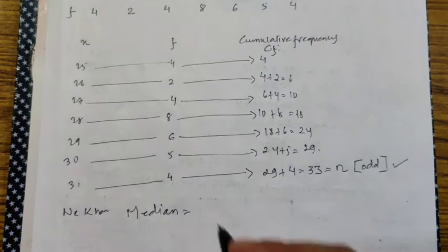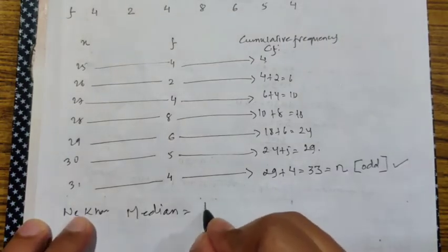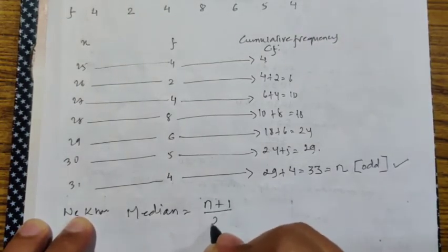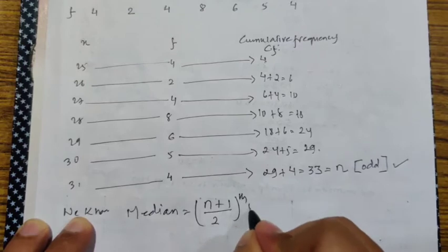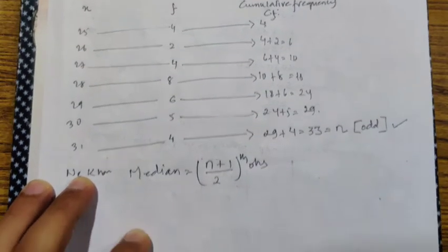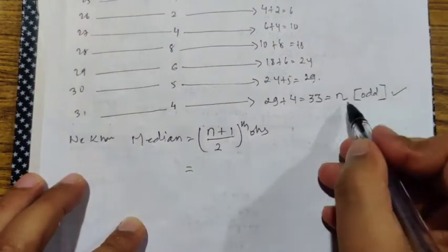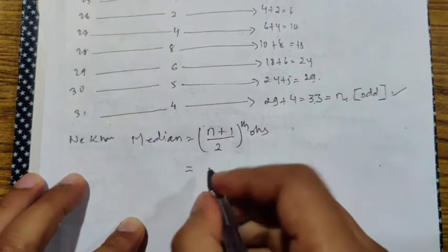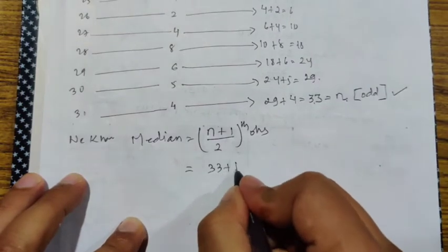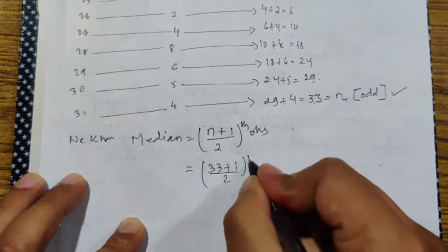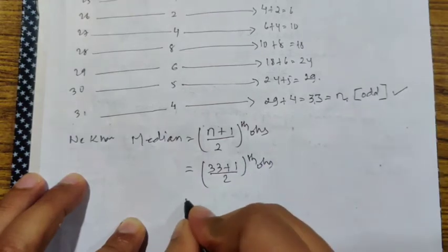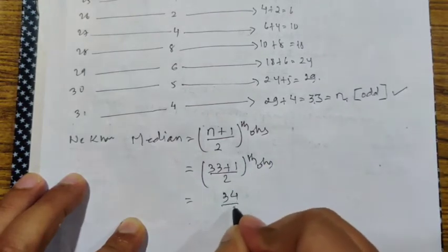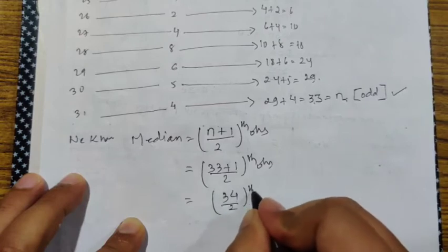Okay, so median equals (n plus 1) by 2 th observation. Is this okay or not? So what's the value of n? n is 33. So (33 plus 1) by 2 th observation, which means 34 by 2 th observation.